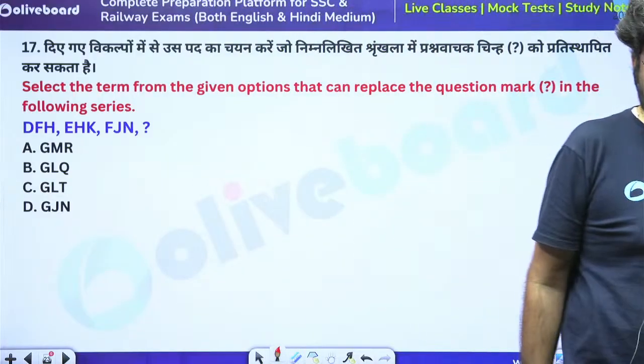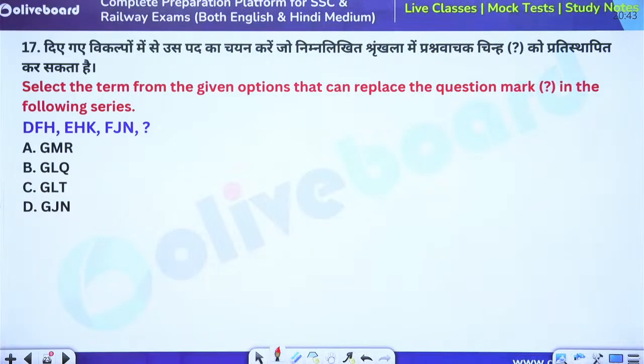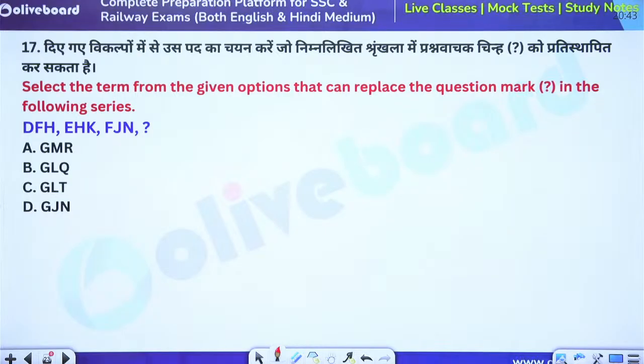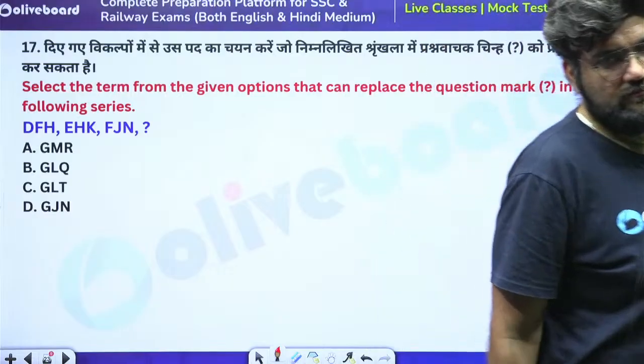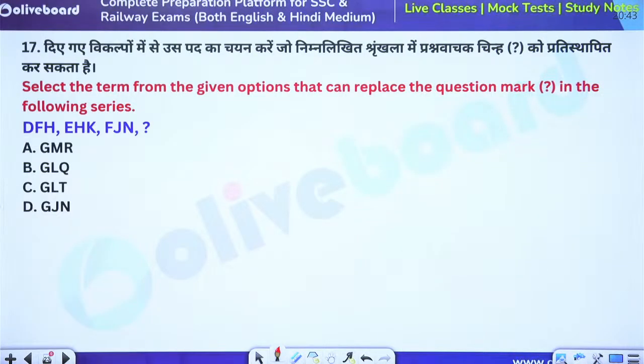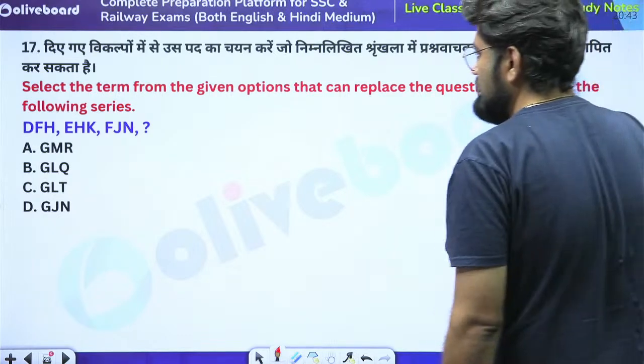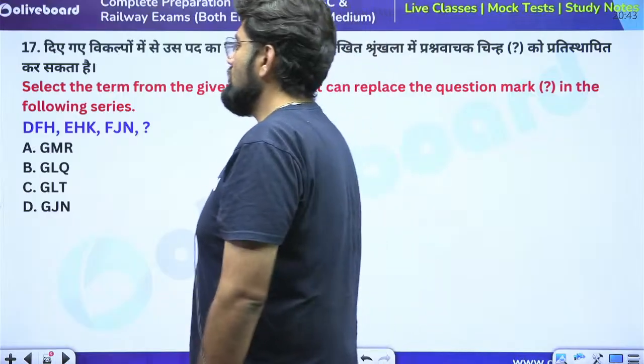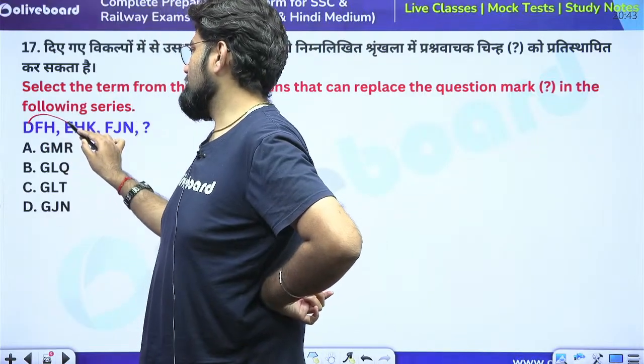Letter series based. Easy letter series based question. So this is 4 plus 1, 5 plus 1, 6 plus 1, 7.